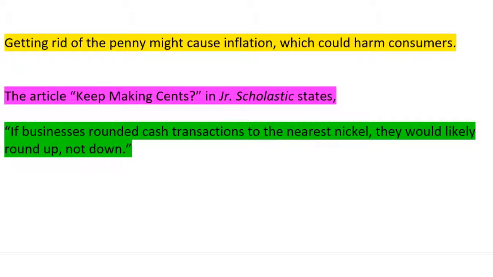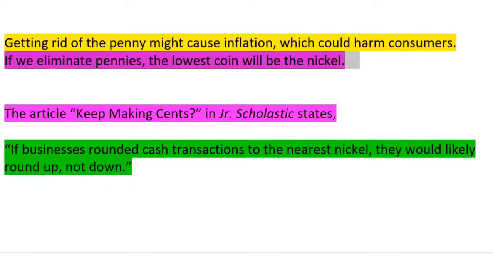The reason has to do with if we eliminate pennies, the lowest coin will be the nickel. And that means we won't be able to pay for things where the price has something other than a 5 in the ones digit place.